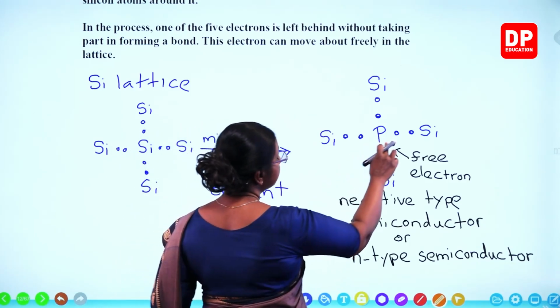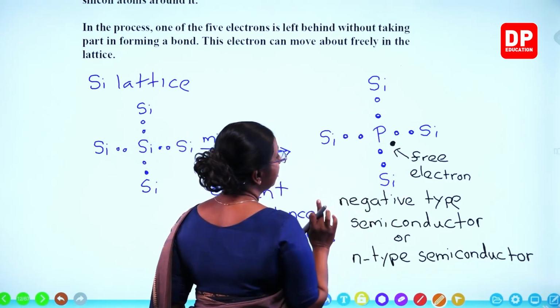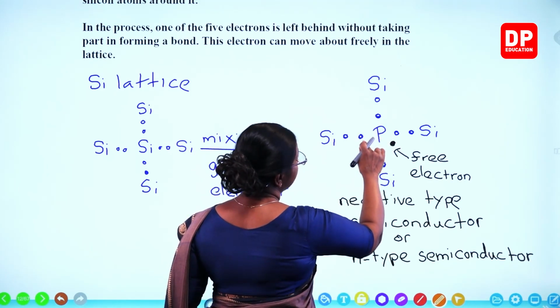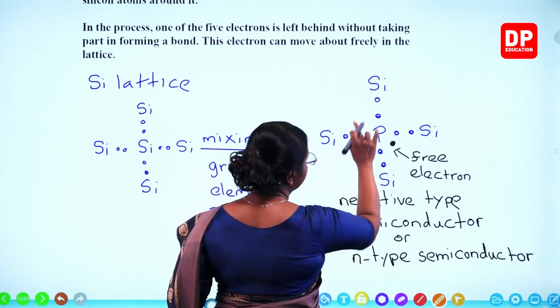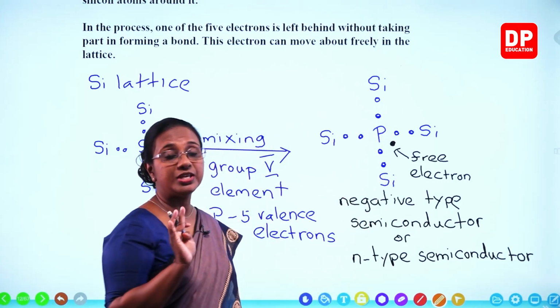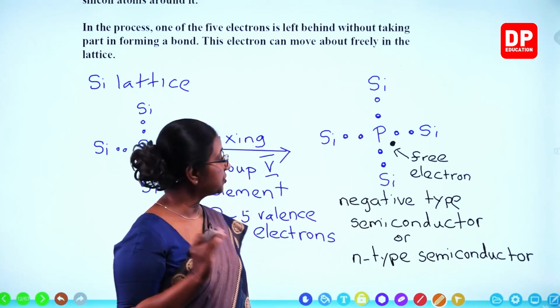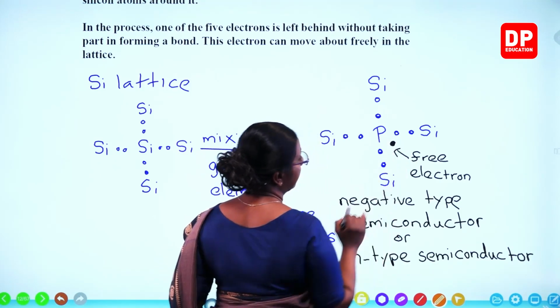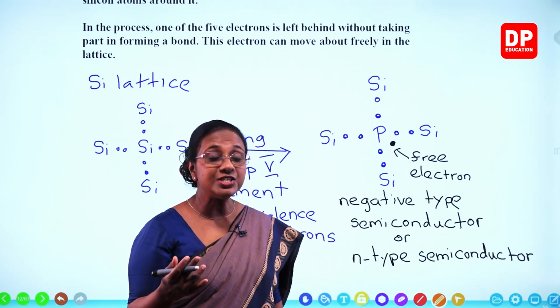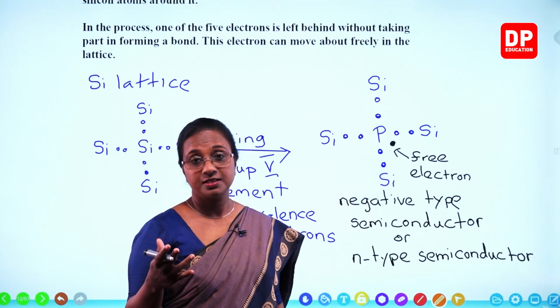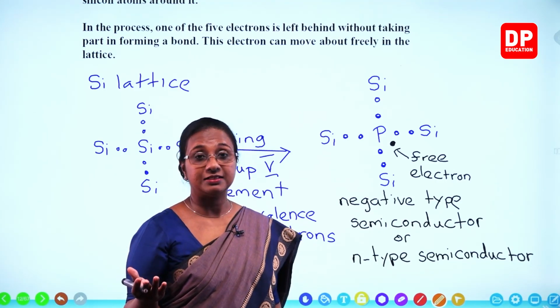Then what happens is only 4 bonds can be formed because earlier there was a silicon, now there is a phosphorus, but it can combine with 4 silicon atoms. So because of that, there is a free electron from phosphorus. So there are additional negative charges or additional free electrons.